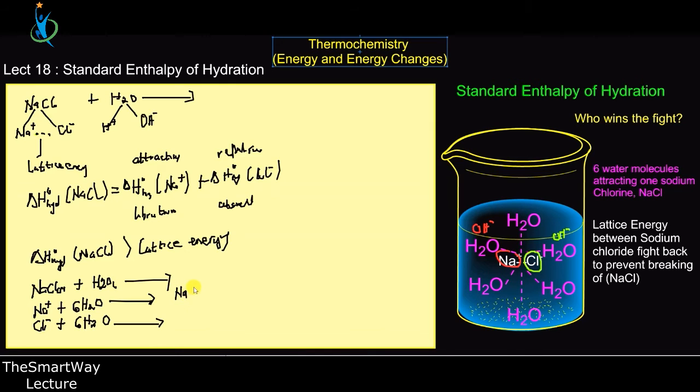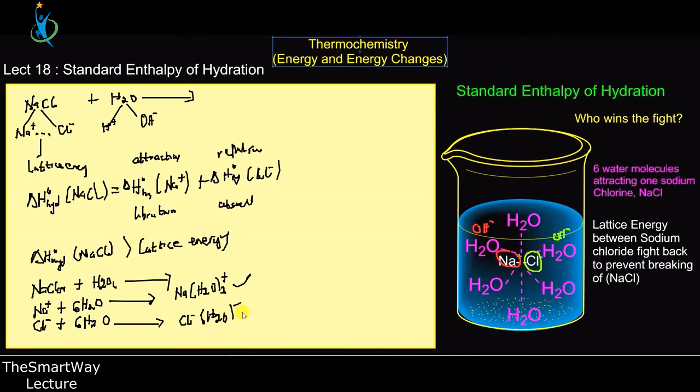Now I have 6 water molecules surrounding this, and the total charge here is plus, and so I have to put the plus here. And then the chlorine is the same thing, but here is a repulsion, and that is why you don't usually see this in books. You commonly see this one, but this is a repulsion, this is an attraction.